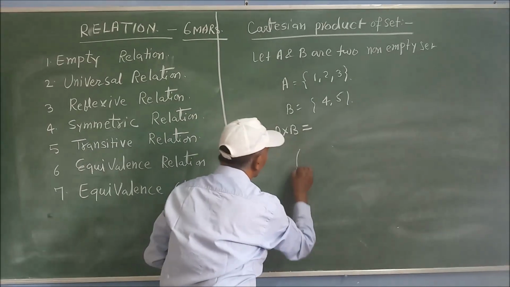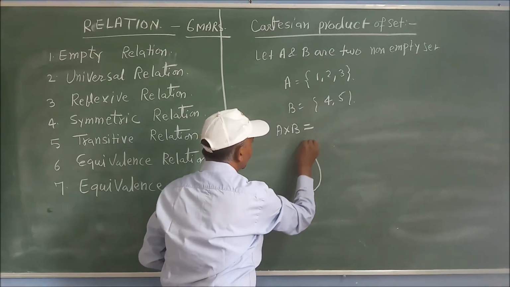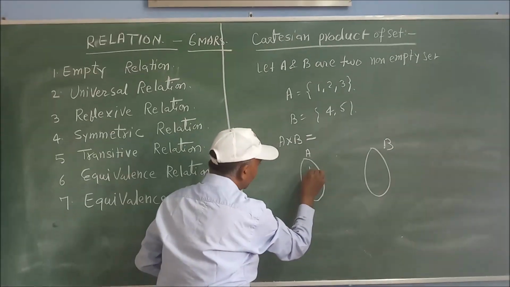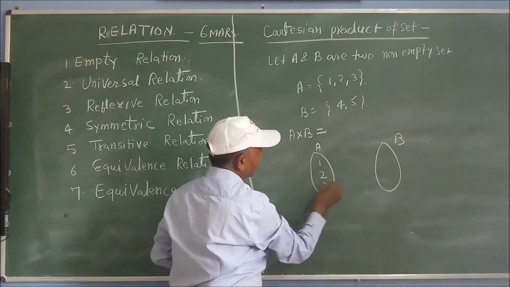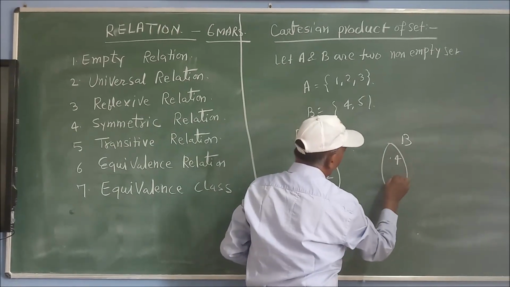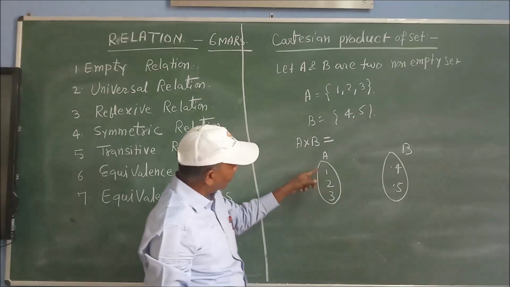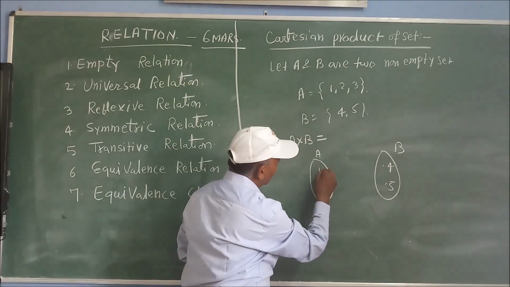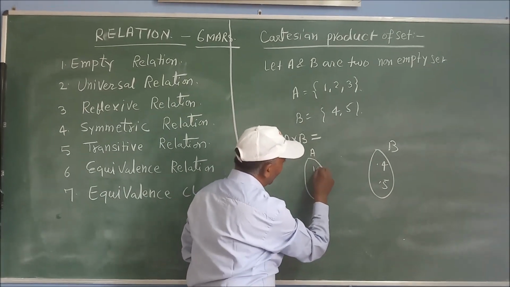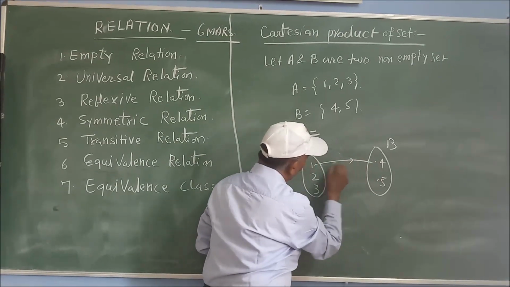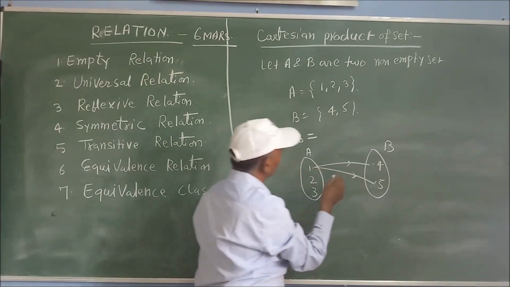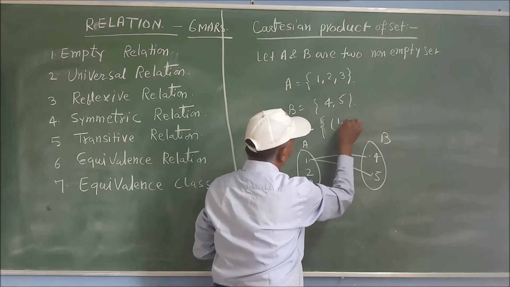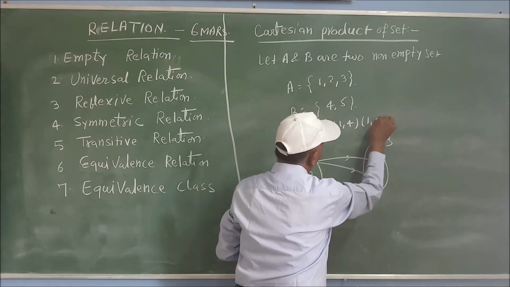You can also represent it by the diagram. Here is set A, this is set B. Set A has elements 1, 2 and 3. Set B has elements 4 and 5. Each element of A is associated with B. First element of A is 1. 1 is associated with all the elements of B. So your A cross B will be (1,4), (1,5).